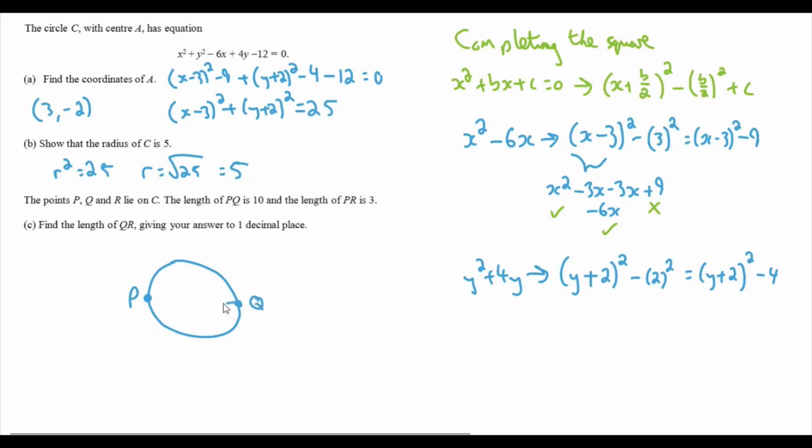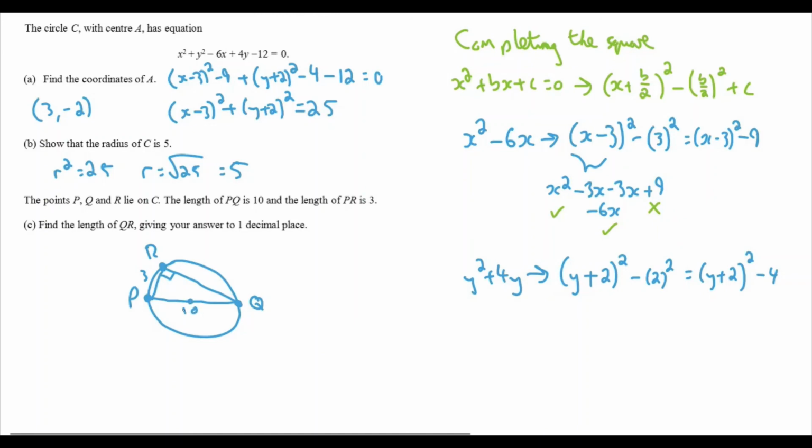So that length there is going to be our 10. Then let's say that your R is here, so where that will then be 3 again. This one doesn't have to be accurate. I'll explain why in a second. And that's because if we just link up RQ here, we have a triangle. Not only that, a right-angled triangle.